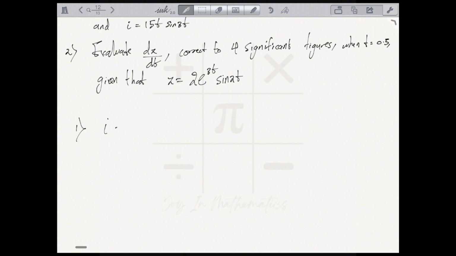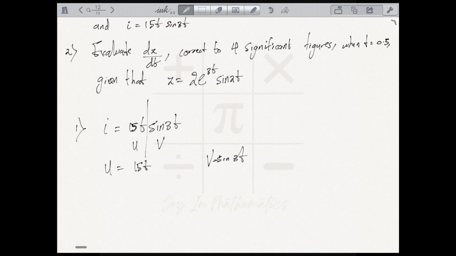Number 1, it says I is equal to 15t sine 3t. We can see from here that the product rule is applicable. So we have u and we have v. Our u is 15t and our v is sine 3t.